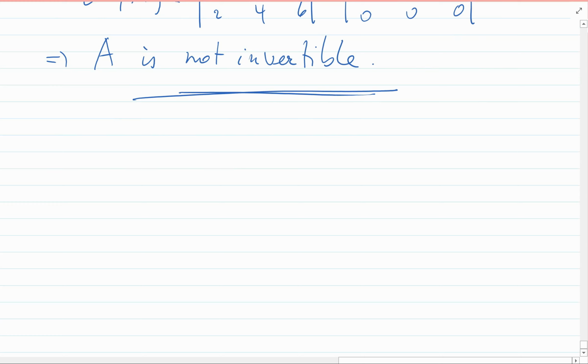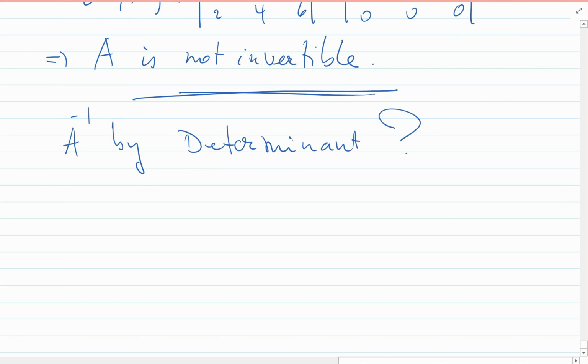This is really interesting. So here, determinant, so how to find A inverse by determinant. This is one of the applications.